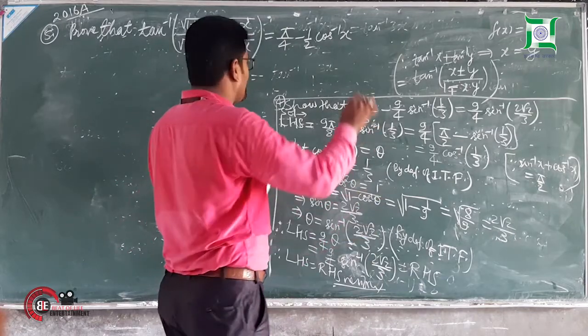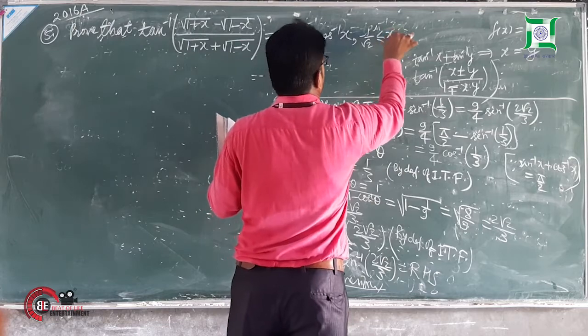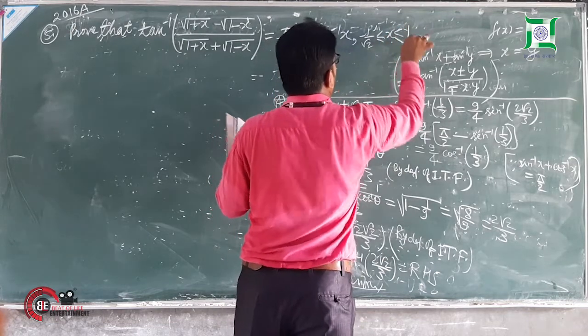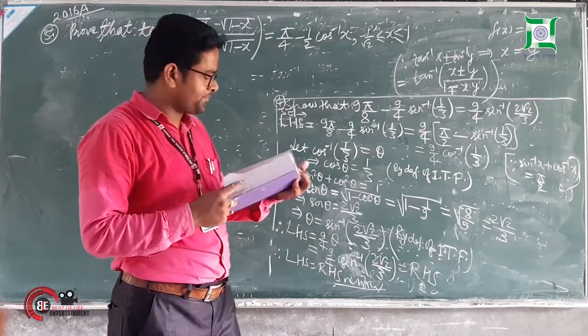Some conditions are given: minus 1 by root 2 less than or equal to x, x less than or equal to 1. Means x lies between minus 1 by root 2 and 1.